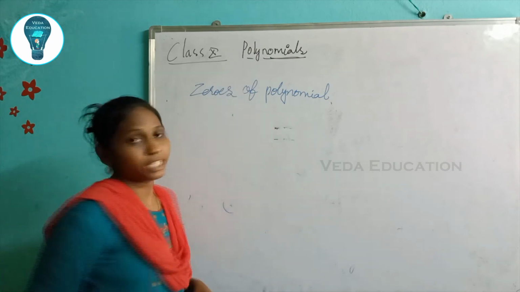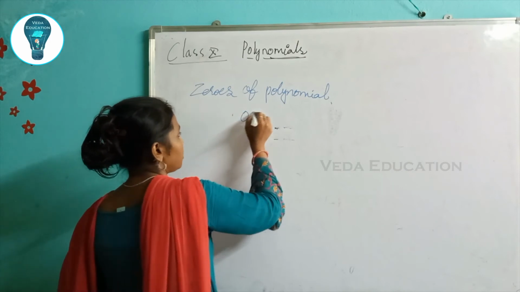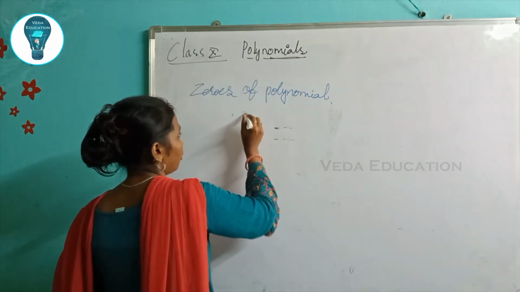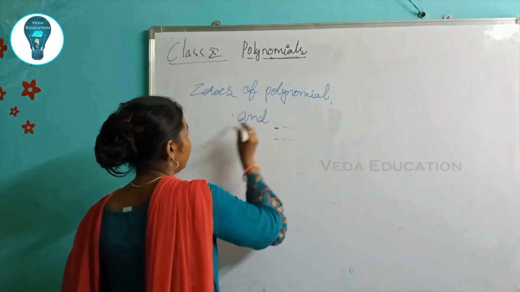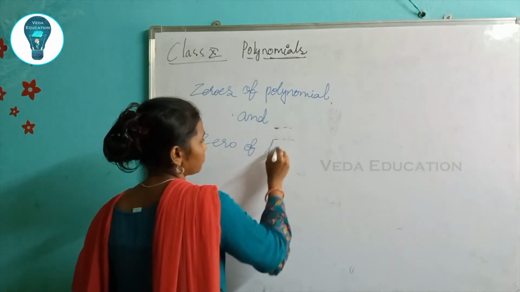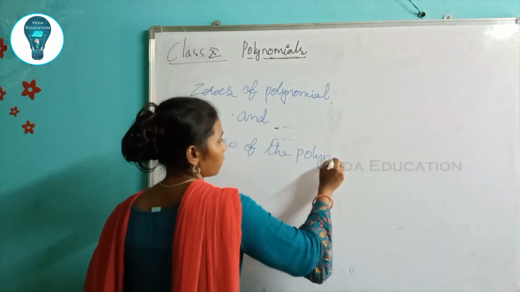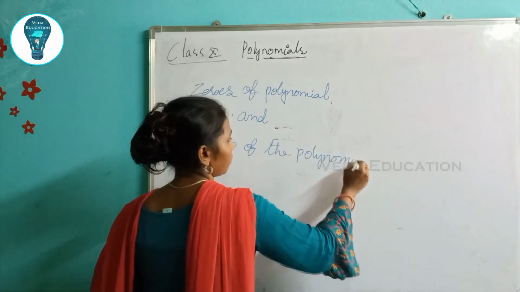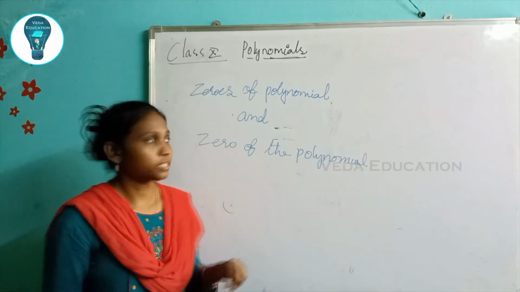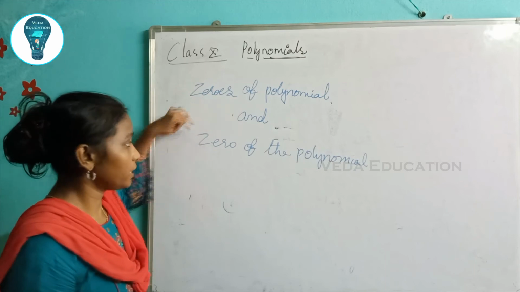Zeros of polynomial and zero of polynomial, we have 2 topics here. In the chapter you can see these 2 subtopics, zeros of the polynomial and zero of the polynomial.